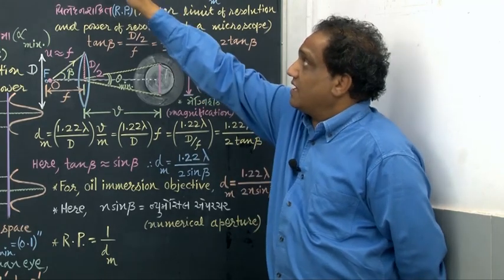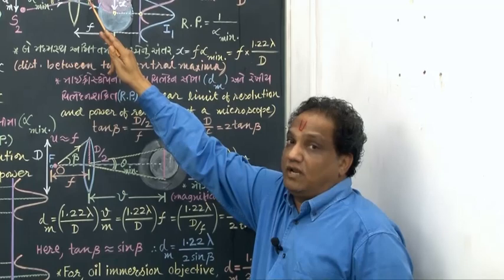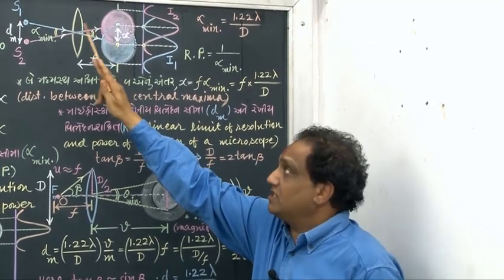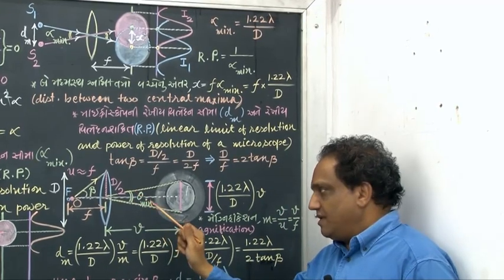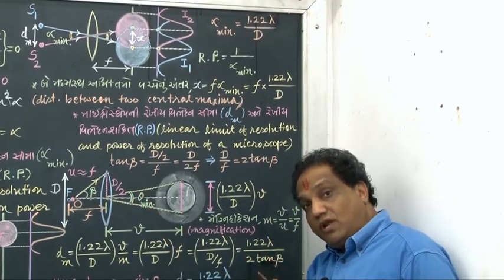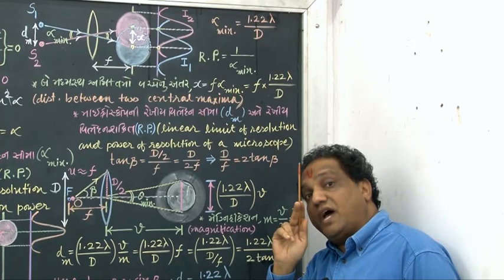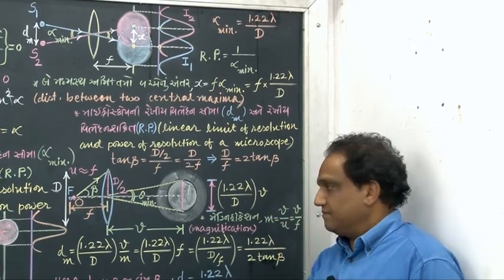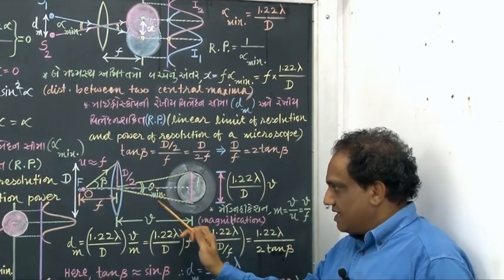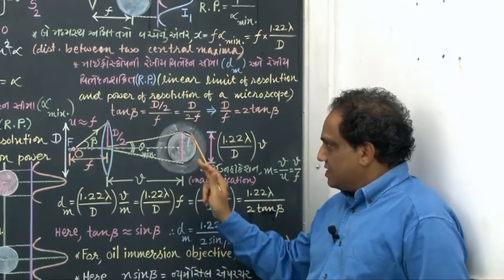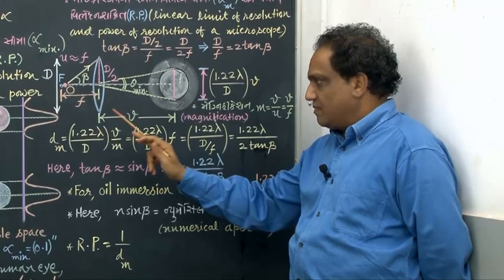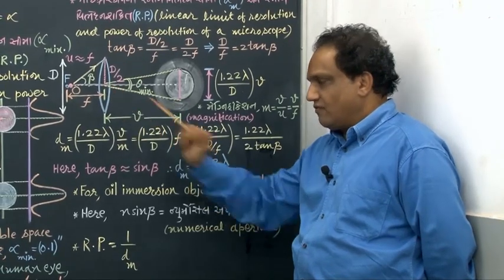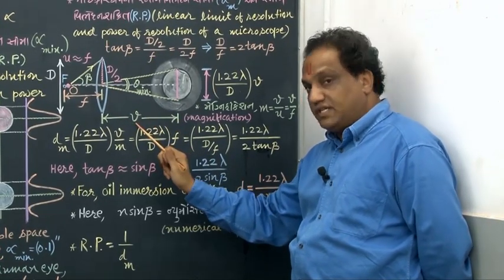The way you had taken this angle as the angular limit of resolution of a telescope, shown by symbol alpha minimum, similarly here we take this angle as theta minimum, which is called the angular limit of resolution for a microscope. Now this is theta minimum, correct? This much is arc, and this image is obtained at this much distance from the optical center of the lens, which is called image distance.